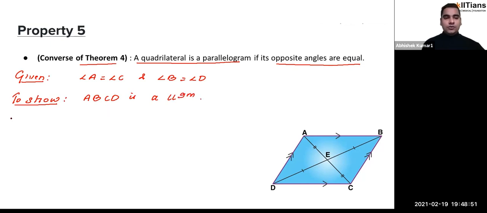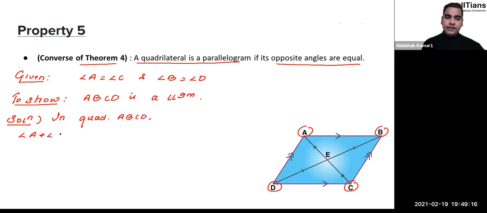So it's quite easy to show. See, this ABCD is a quadrilateral, right? And because it's a quadrilateral, the sum of all the four angles of this quadrilateral will be equal to 360 degrees. So in quadrilateral ABCD, if I add all the four angles, I get A plus B plus C plus D equal to 360 degrees.